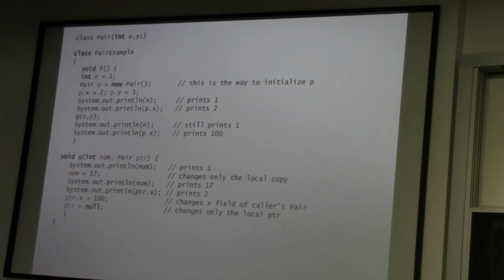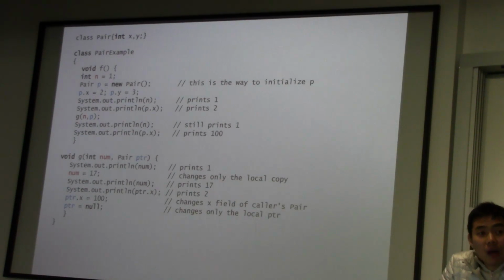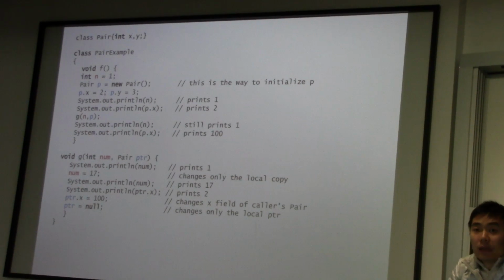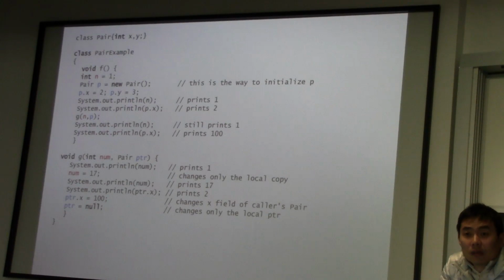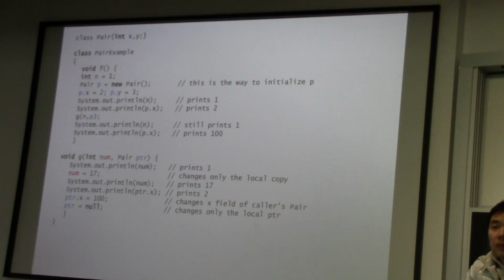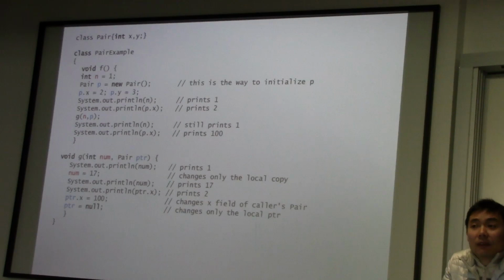So whatever change you make to the pointers is not going to be reflected when the function returns. In other words, you will not lose the handle to this object instance P, even if you set the pointer to none in the function call. So I think this simple example demonstrates some basic understanding about it. Make sense?